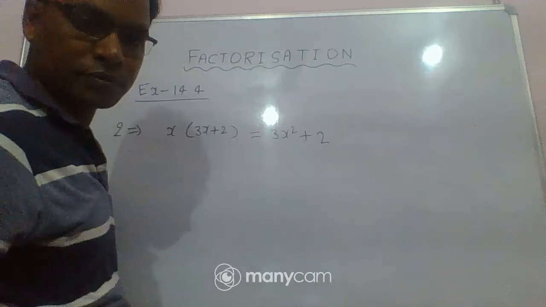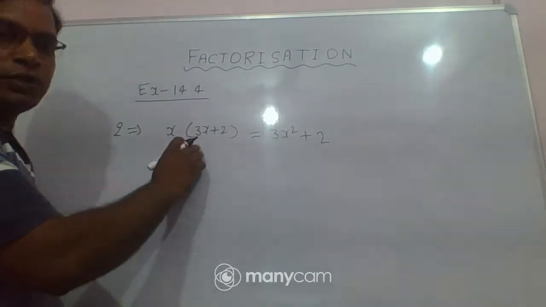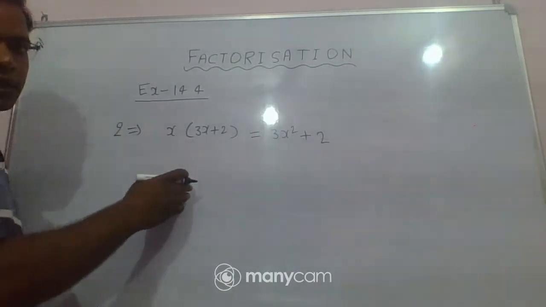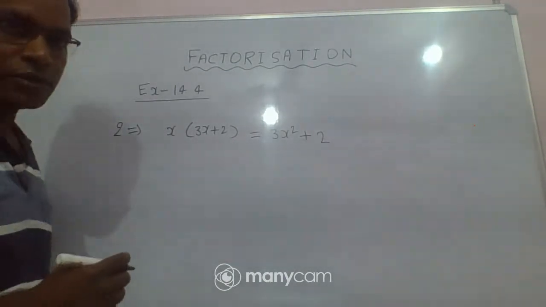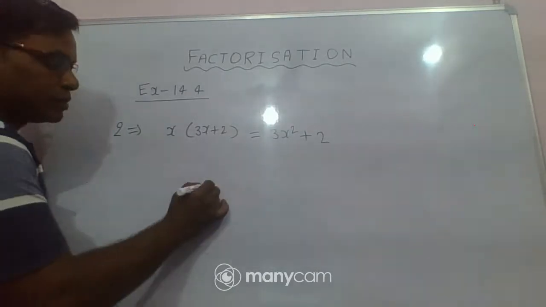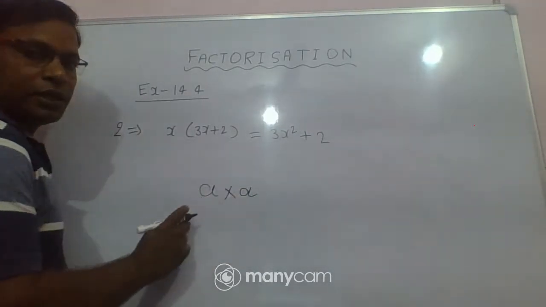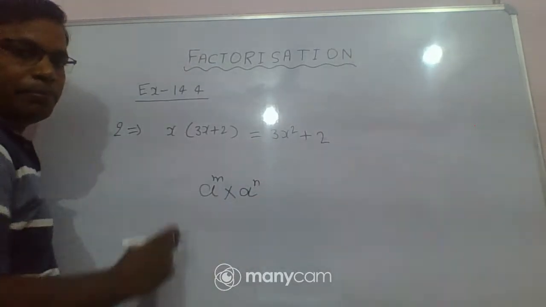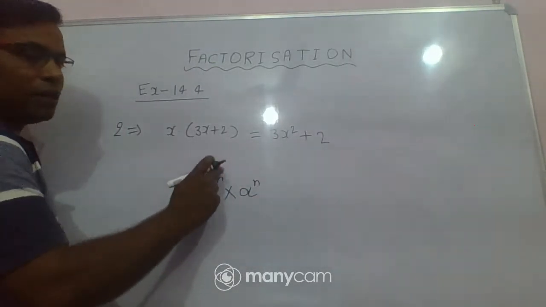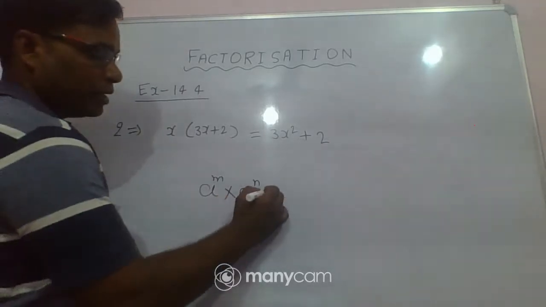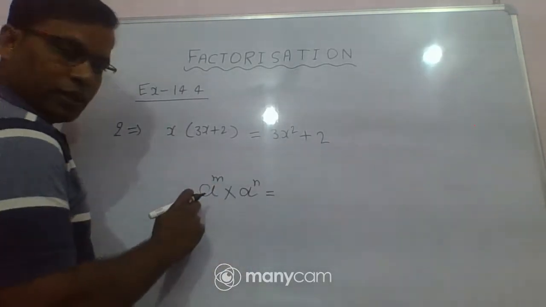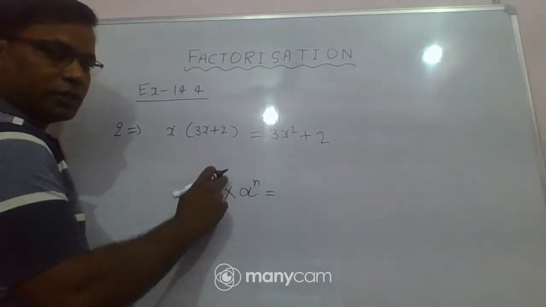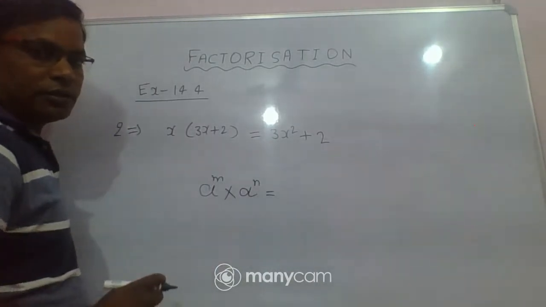Before it we want to discuss some rules. In previous classes, class 7, I hope all of you know, in the case of multiplication, if the bases are same, then the powers will be added.